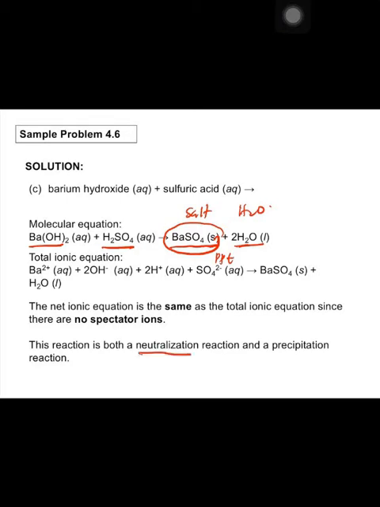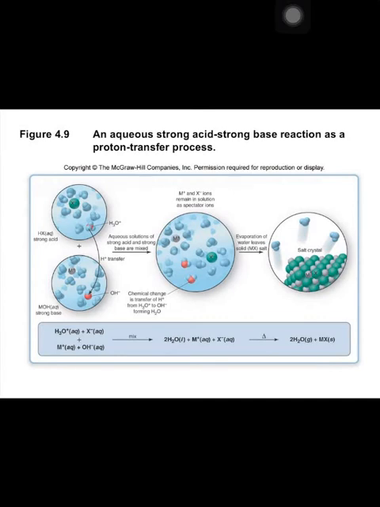It can be neutralization sebab dia menghasilkan water, dan kita juga boleh panggil dia sebagai precipitation because it produces insoluble product or insoluble salt. Okay, boleh faham? Boleh, madam. Okay, so these are all possibilities yang kita boleh jumpa kalau kita ada strong acid dan juga strong base.